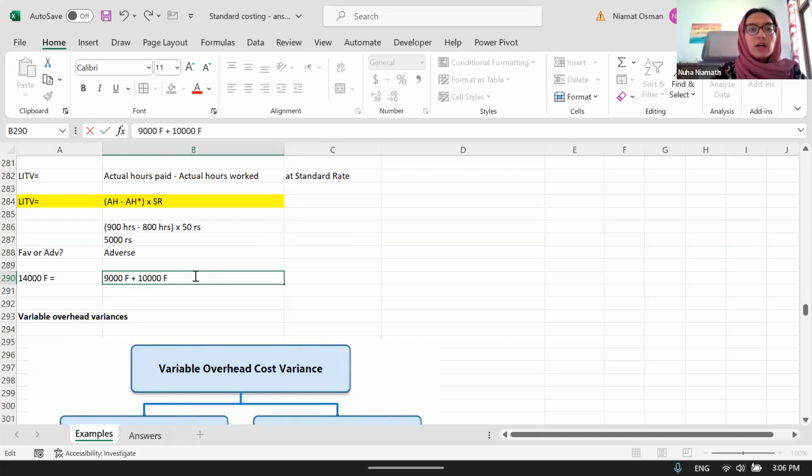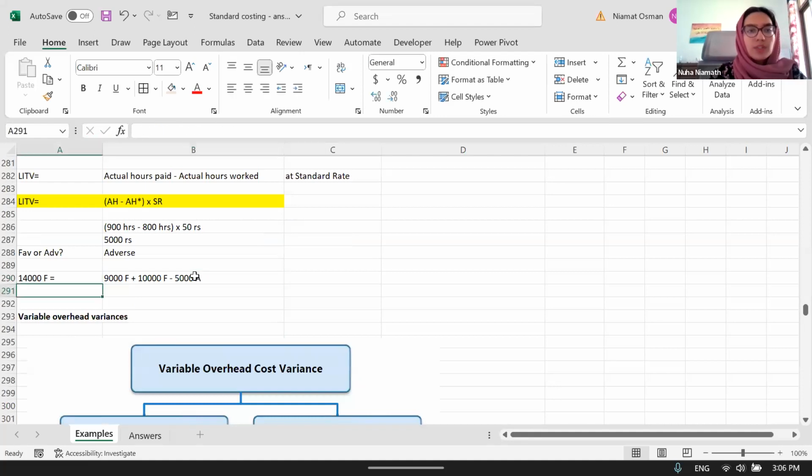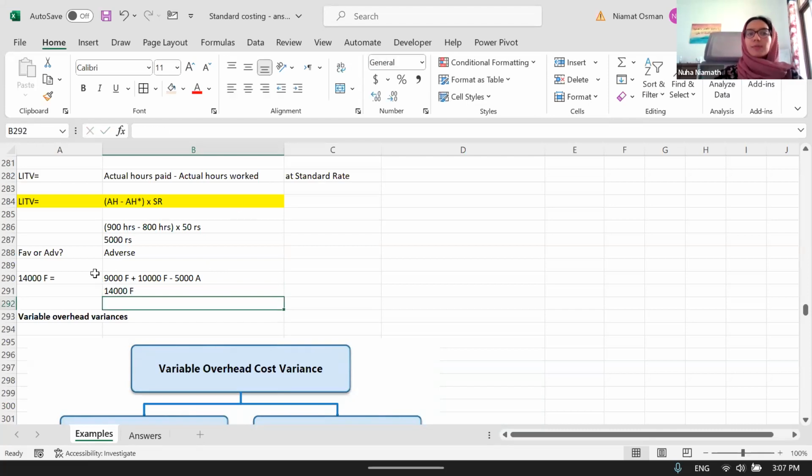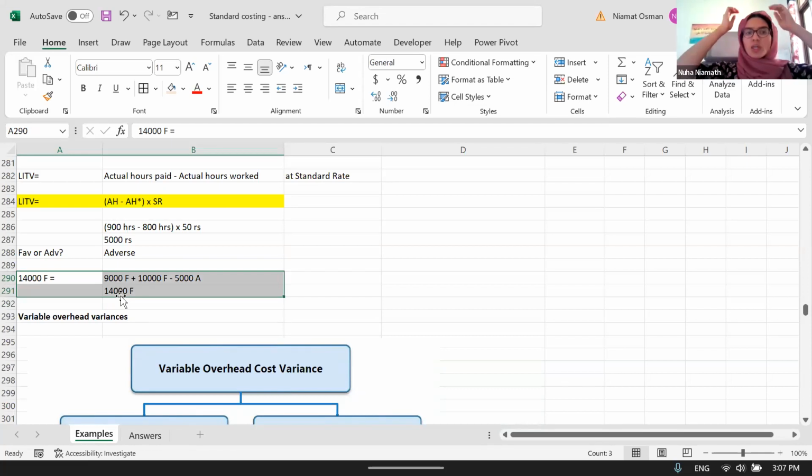And our idle time is minus because it's adverse, 5,000 adverse. Is it tallying? 10 plus 9, 19. 19 minus 5, 14. So that is definitely a 14,000 favorable. This way we have matched our LHS and RHS.